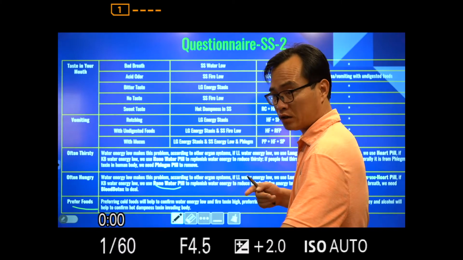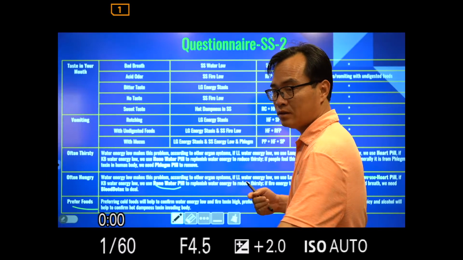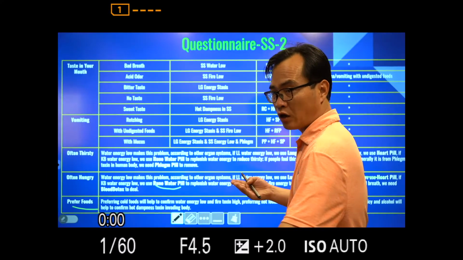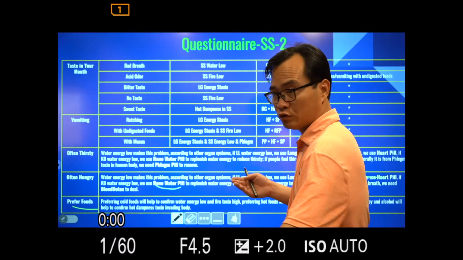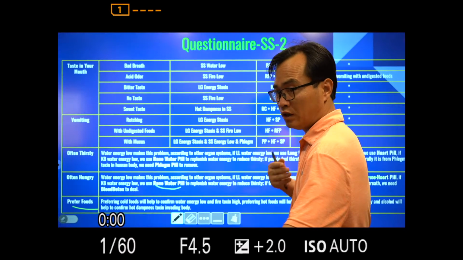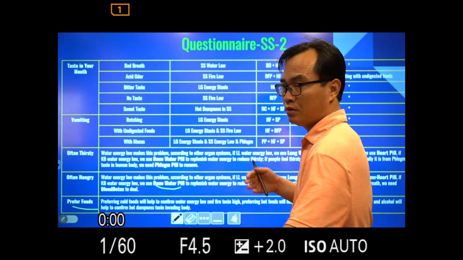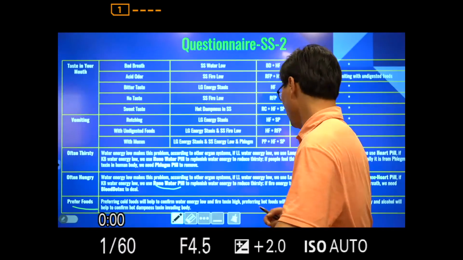That is what your body wants, because your body doesn't have it, and your body wants the cold foods. This means your body needs the cold. If your body needs cold, it helps us confirm that the fire toxin is high.